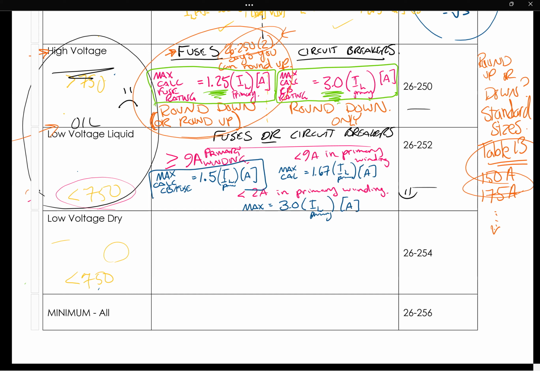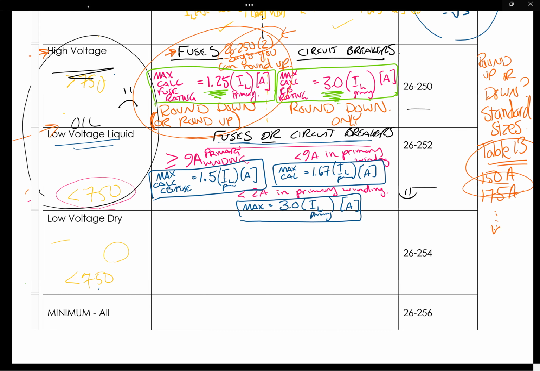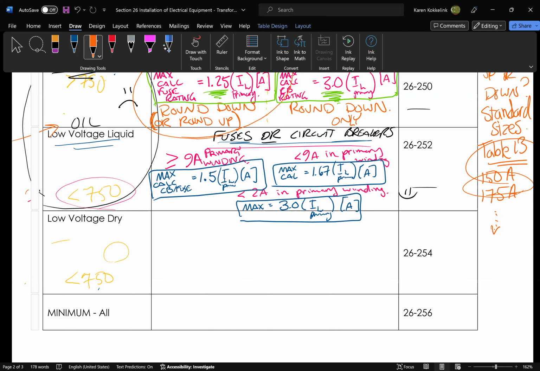So 1, 2, 3 calculations we have now organized for any low voltage, less than 750 volts, wet or oil cooled. Sorry, not air, not dry, wet, or oil cooled. That's for fuses and for circuit breakers. And what do you do? Round down. There's no other provisions for ever rounding up.